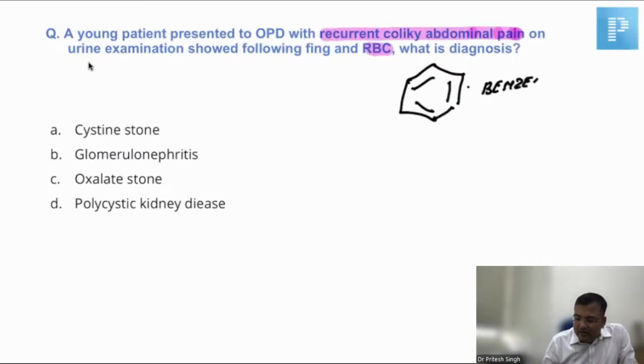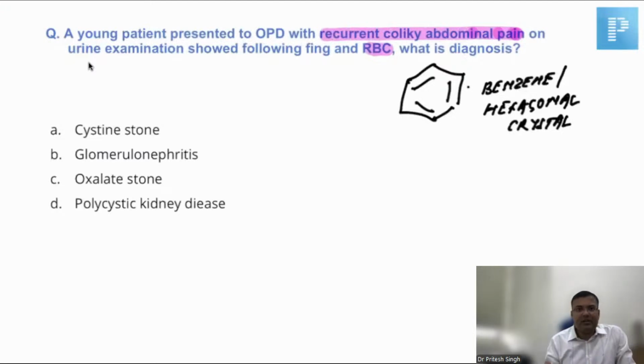So guys, you know that this benzene shaped crystal or hexagonal crystals are seen in cystine stone. Clear? Can you tell me in oxalate stone, what kind of crystal is seen?